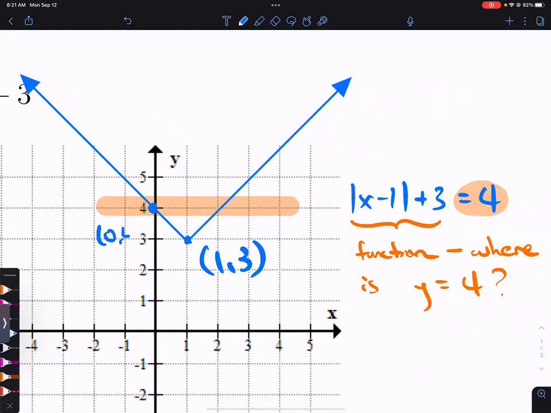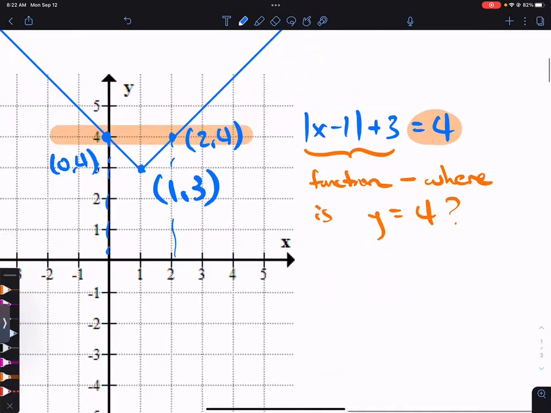0 and 2. Right, just looking at that Y value and then checking to see the X's that go with it. When X equals 0, and again when X equals 2.